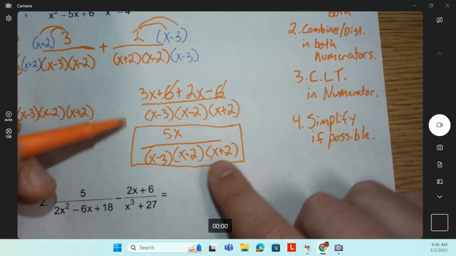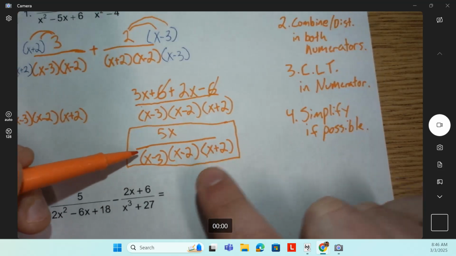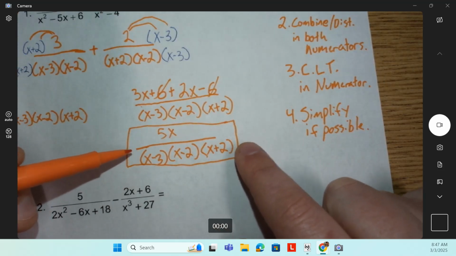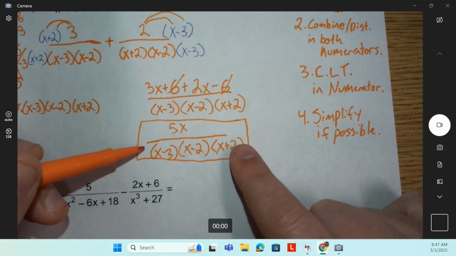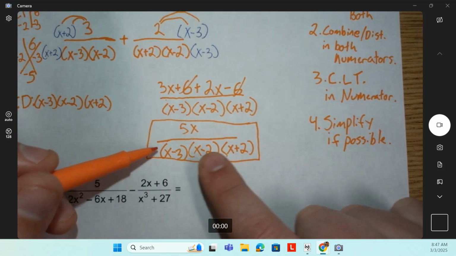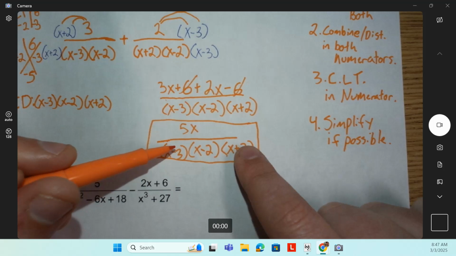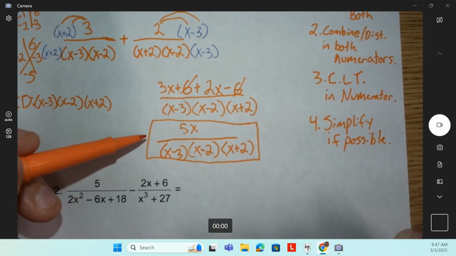You might say, well, why don't we multiply all these together to get a trinomial or a quadrinomial? There's no reason really to do that, because when I do that, you've got addition and subtraction signs in the middle of them, and the only way I could cancel out is if things are just being multiplied.